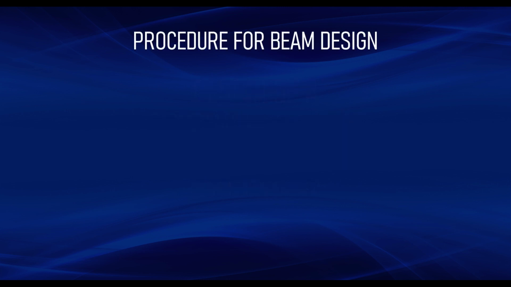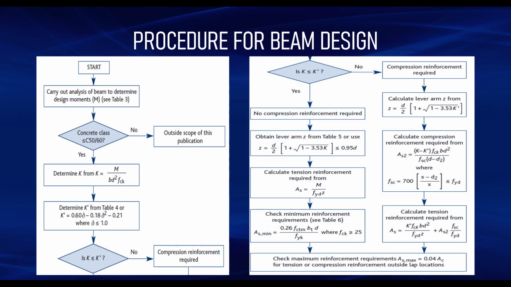Let us now discuss the procedure of design of a rectangular beam based on the Eurocode. The procedure of design can be summarized using the table that I gave here. You are going to start by carrying out the analysis of the beam, majorly to determine the bending moment as well as the shear force. So in a beam, you are designing against bending and shear.